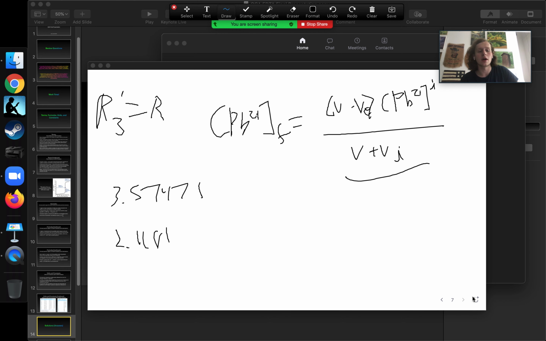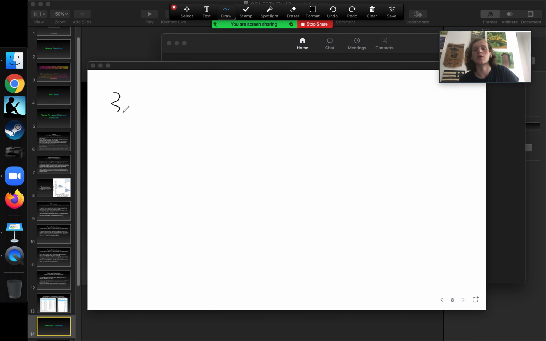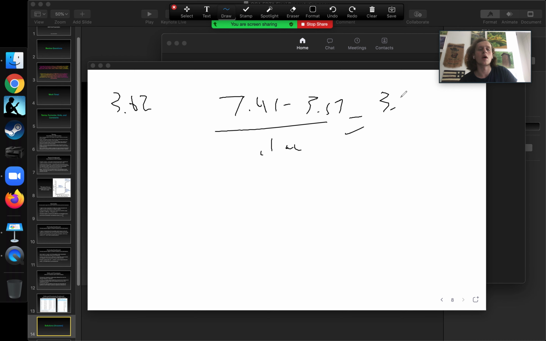With that, we actually want to figure out our answer, which was when pPb is 3.62, and you're not going to be surprised that's very close to 10.1. You can do a little bit of interpolation by 7.41 minus 3.57. These are pPb units across 0.1 milliliters. It's going to give you 38.4 pPb units per milliliter.